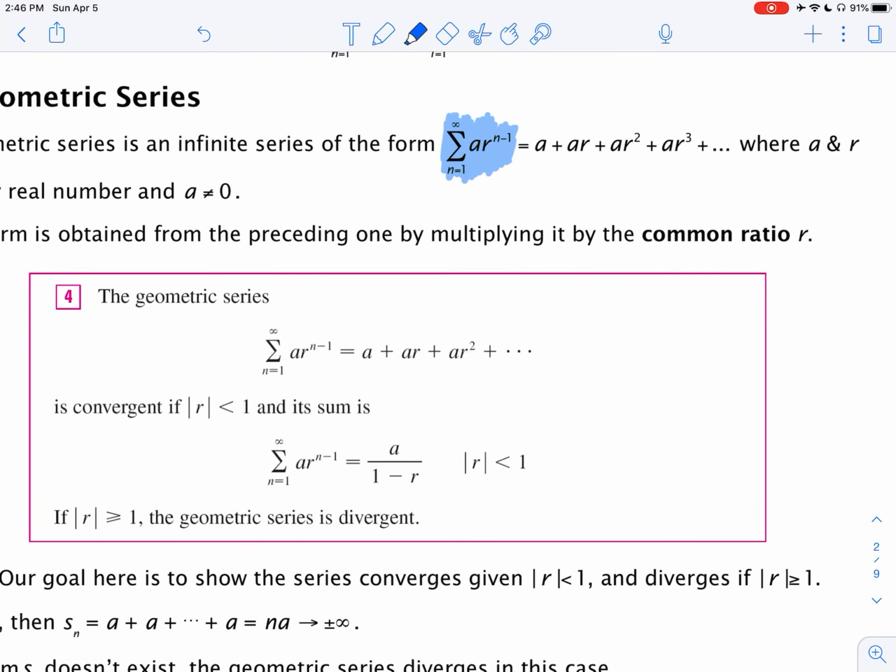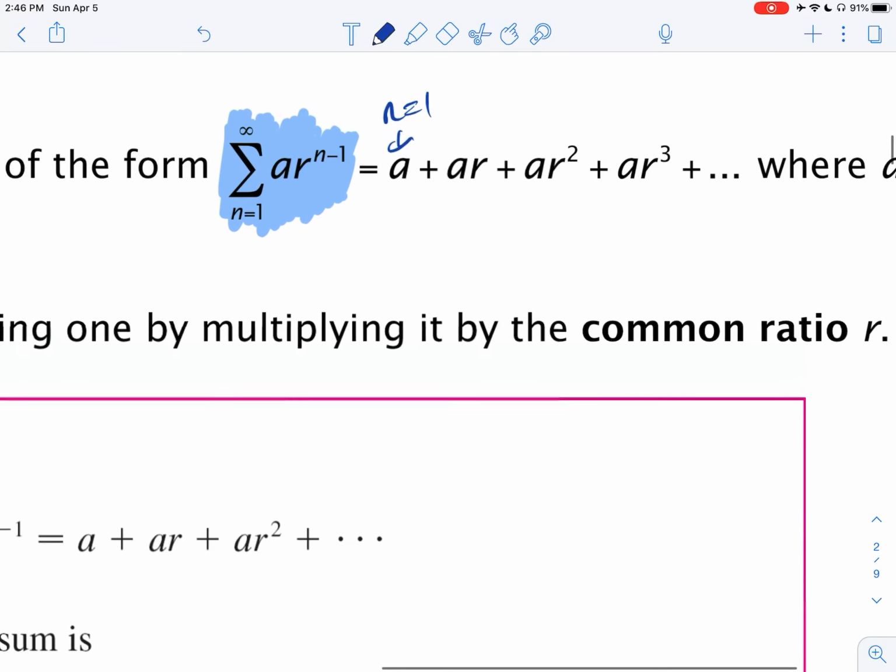If we just write out the first couple terms of the series, this would be n equal to 1 here. And this would be n equal to 2. This term would be n equal to 3. So we can tell from just this expression as an example, this would be a times r to the 2 minus 1.